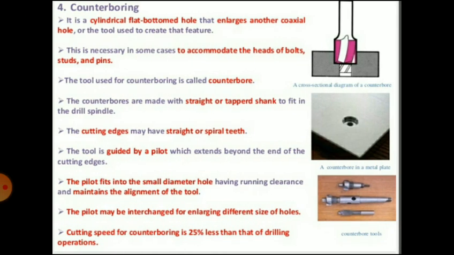Then counter boring. Counter boring is the operation of enlarging the end of a hole cylindrically. It is not a throughout enlargement of the hole. It is an enlargement of the hole up to a certain distance, or enlarging the end of the hole. The enlarged hole forms a square shoulder with the original hole.